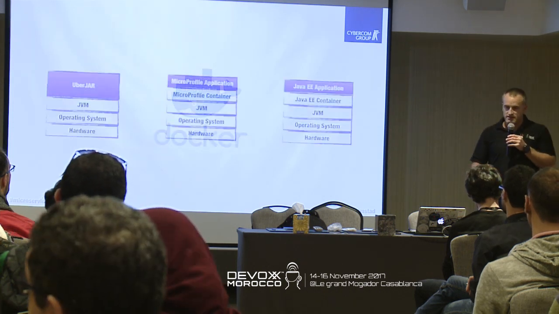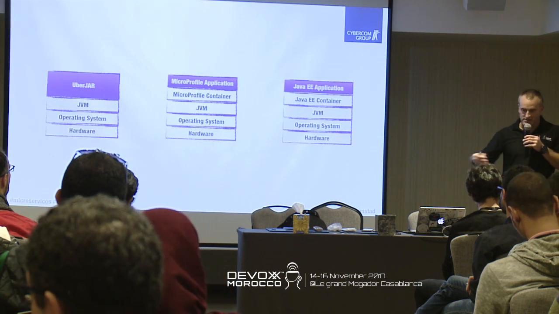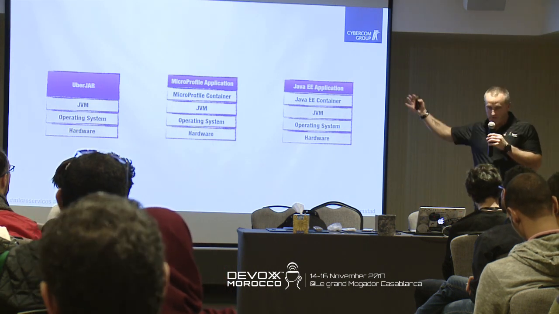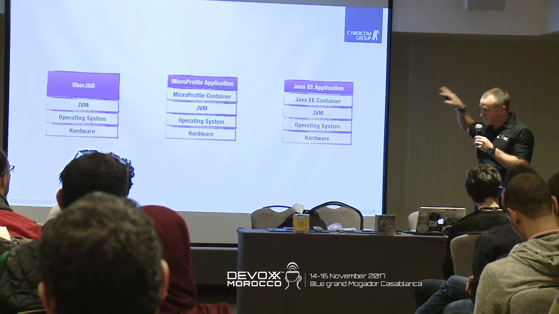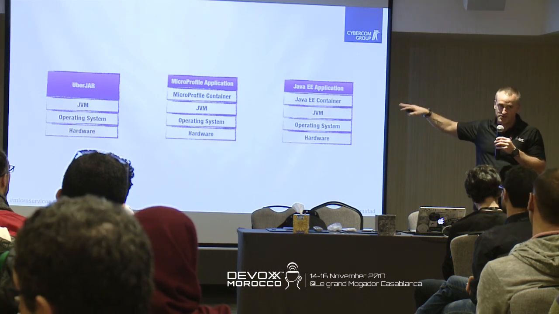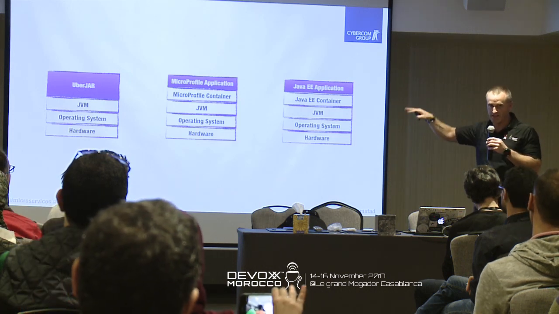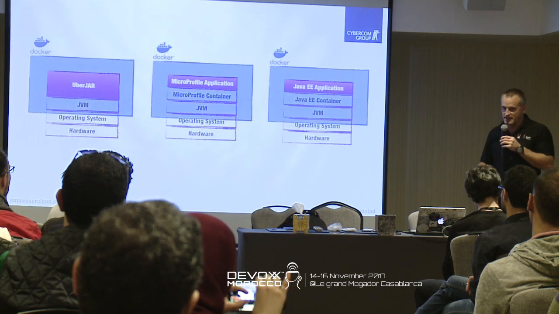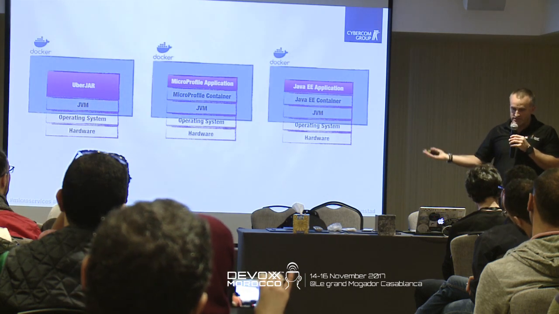And then you add Docker to the equation. And Docker is another container. It's a container on top of the different container mechanism than we talk of when we talk about the Java EE containers. So Docker is a containerization mechanism.